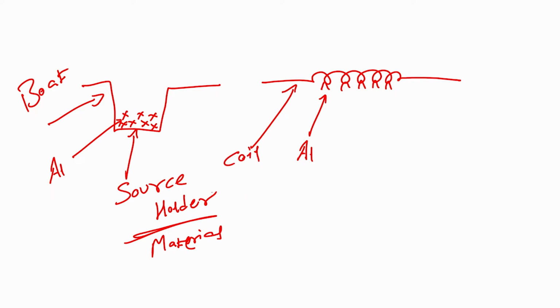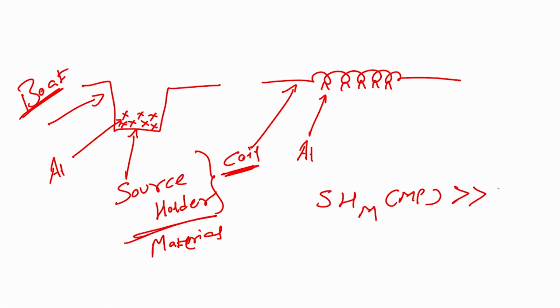So, the source holder material, whether it is a coil or a boat, I will write down: the source holder material melting point should be greater than the source material melting point. This is the source holder, the holder that can hold the source, for example aluminum.